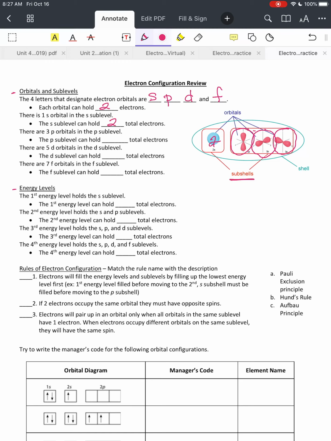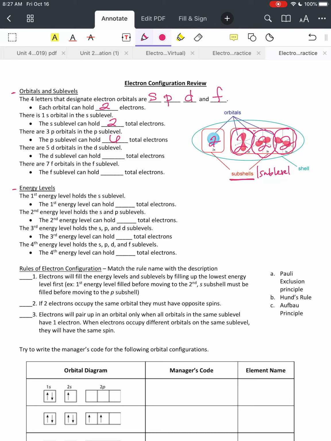I have 3 p orbitals in my p sublevel or subshell. Sometimes it's called sublevel. Don't worry too much about distinguishing those terminologies. If each of these can hold 2, so 2, 2, and 2, then that whole sublevel or room can hold 6.